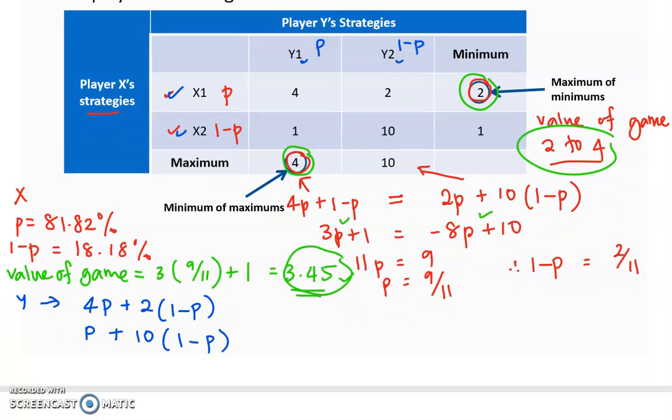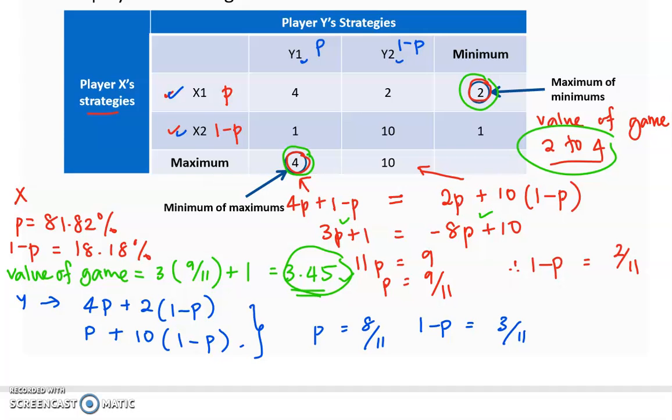Then we can equate these two equations. So 4p plus 2 times 1 minus p equals the second equation. You will end up with p equals 8 over 11 and 1 minus p equals 3 over 11.